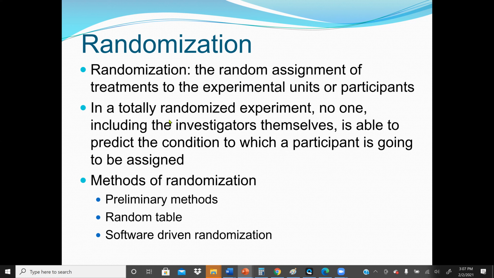So we say in a totally randomized experiment, no one, including the investigators themselves, is able to predict the condition to which a participant is going to be assigned. Nobody knows it; it is generated randomly. We can have a random table, or we can even have software that generates the randomization.